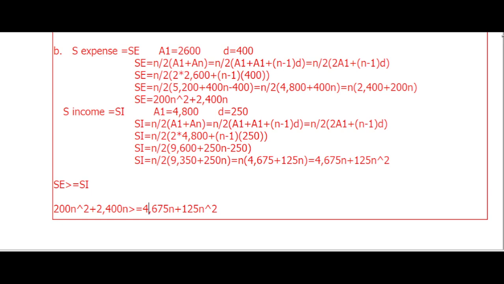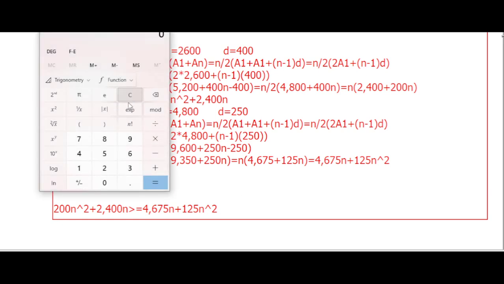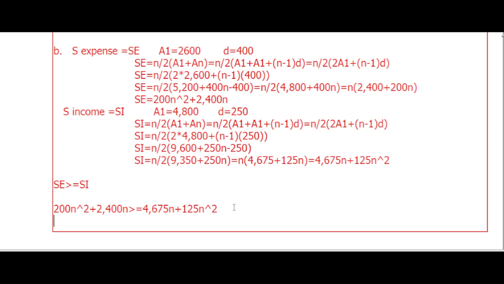Let's subtract it. 200 minus 125 is equal to 75n square.